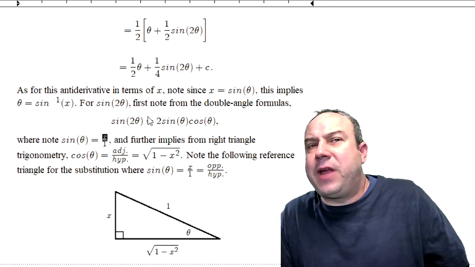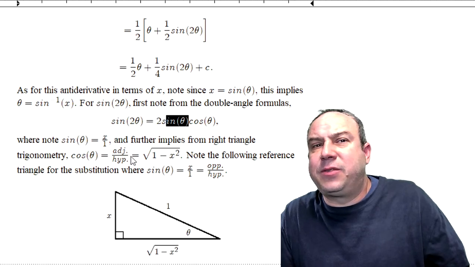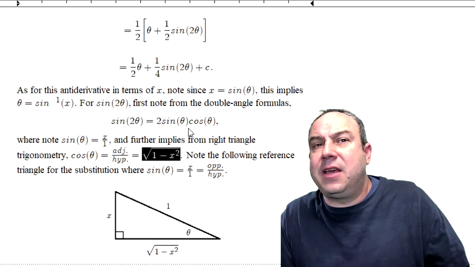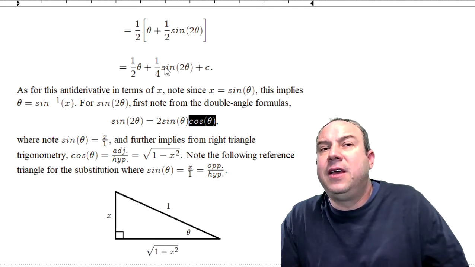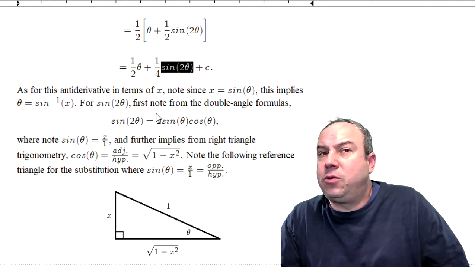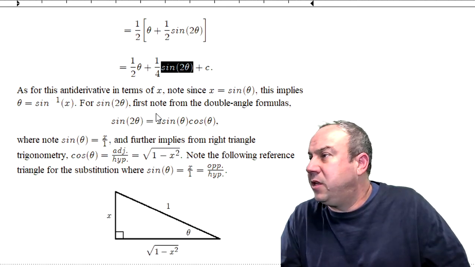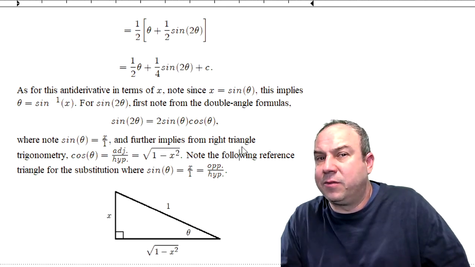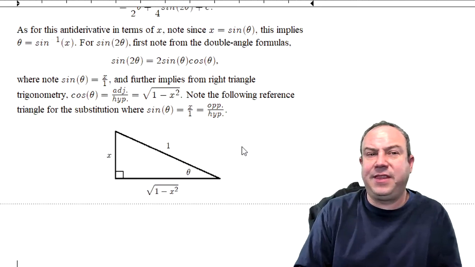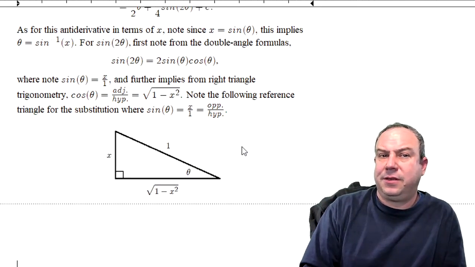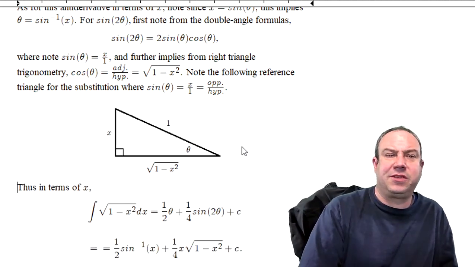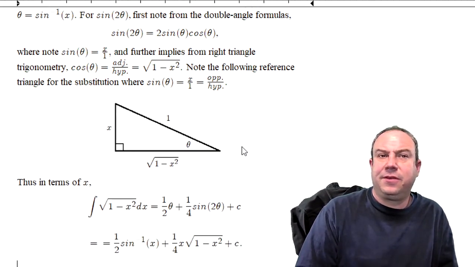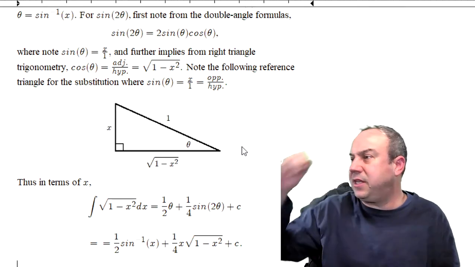I can substitute x in for sine theta. I can substitute the square root of 1 minus x squared in for cosine theta. And those 2 times those quantities will get substituted in for the sine of 2 theta in the above result. And thus, in terms of x, we prepare this result seen here.